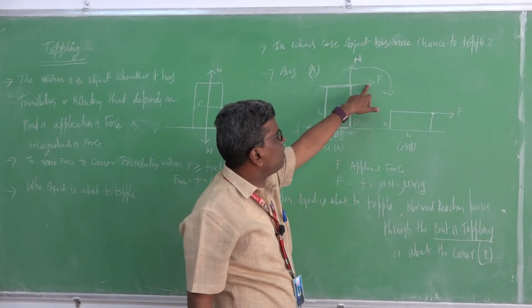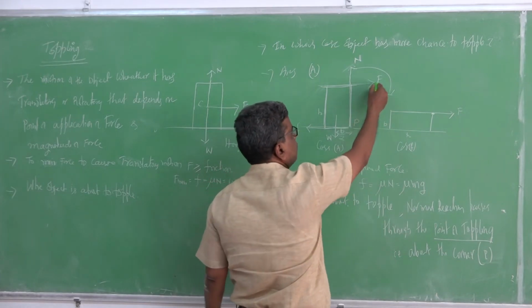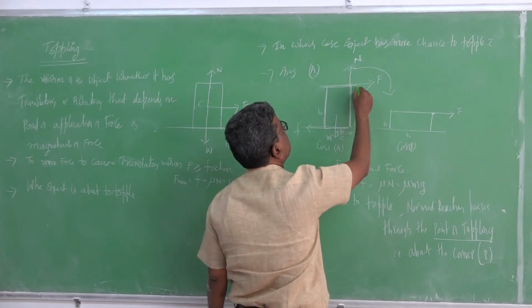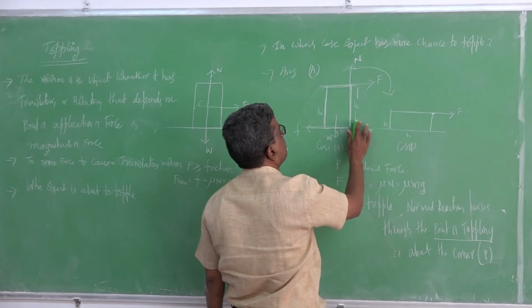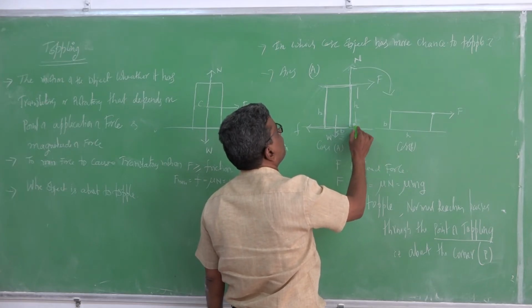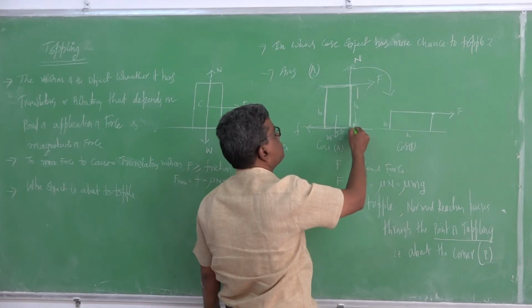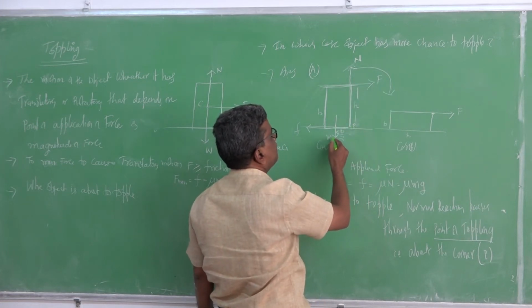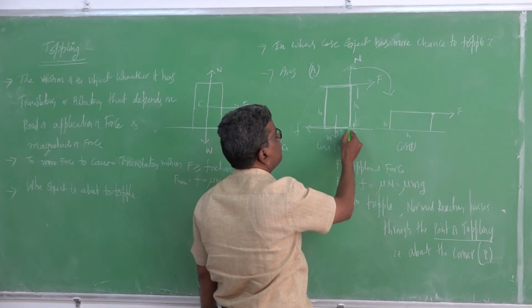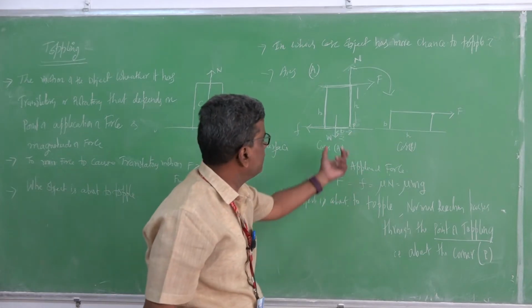Okay, if this torque exceeds, with F acting at this height, let it be h. This is the point of toppling. So this force into h, that is the clockwise torque, if it is greater than the torque of this weight, W into b by 2, force into perpendicular distance.